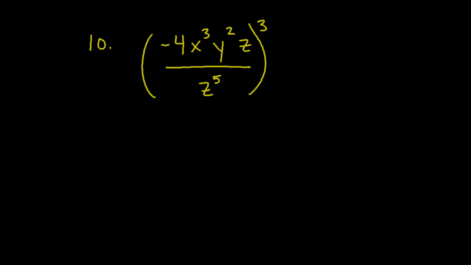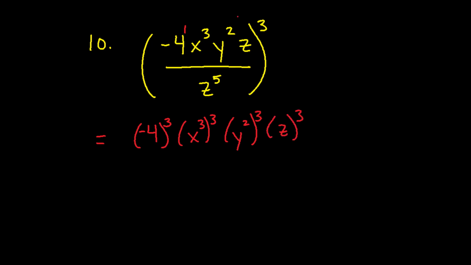Number 10 involves the power rule as well as the quotient rule. I'm going to apply the power rule first. -4 to the 1 times 3 power times x to the 3 times 3 power, and y squared to the 3rd power, and z to the 3rd power. So this is just applying the power rule to the numerator exponents, but we also have to apply it to the denominator exponents.